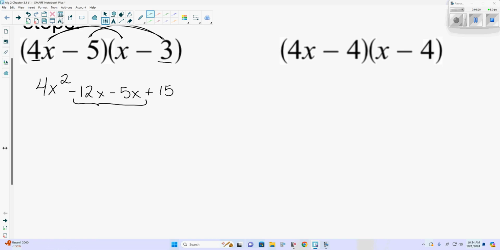Okay. Last thing we need to do is combine like terms. The only like terms we have are negative 12x and negative 5x. 4x squared does not have any like terms. Negative 12x and negative 5x, negative 12 minus 5 would be negative 17x, plus 15.